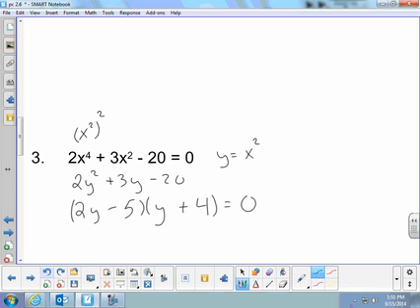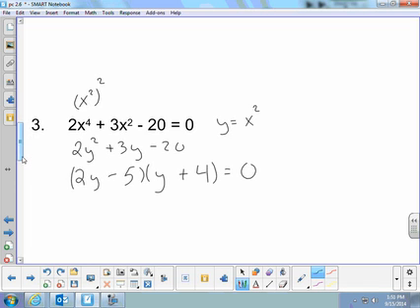So now I'm going to go ahead and make my substitution, because I know y is the same thing as x squared. Take each one of those factors and set them equal to 0.